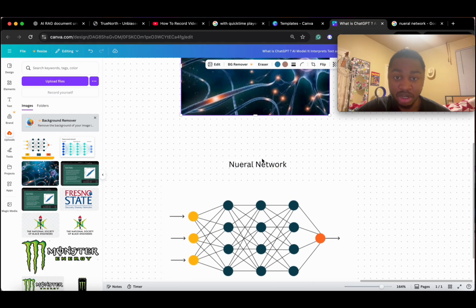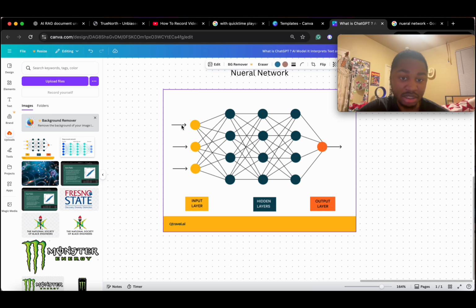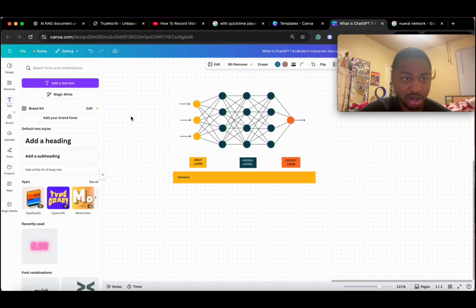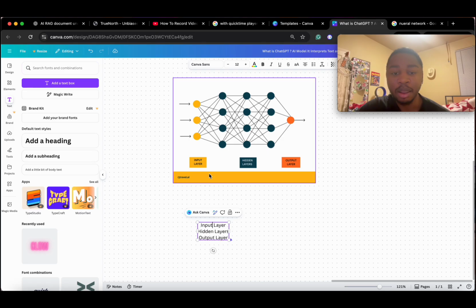Again, a neural network is just layers of neurons. But if you have layers of something, what does that make it essentially? Well, if we look right here, there is the input layer, we have hidden layers, and then we also have the output layer. I'm going to break this down one by one, just so everyone can get a clear understanding.